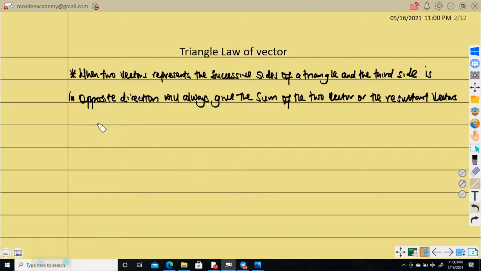Now we have the first vector as explained. It's a vector A of magnitude A. As you can see, my dear students, we have vector A in this direction, and we have another vector we call vector B, already discussed.